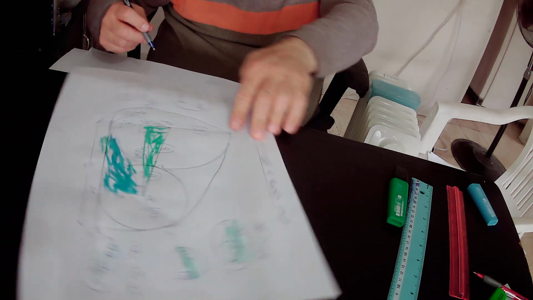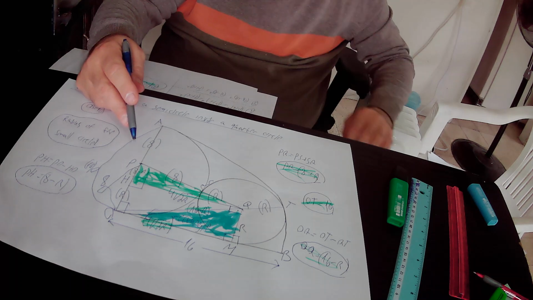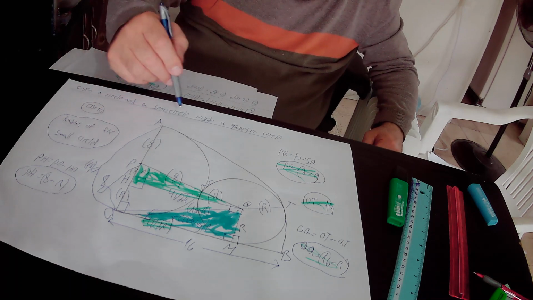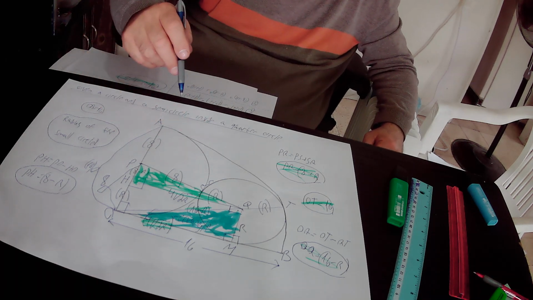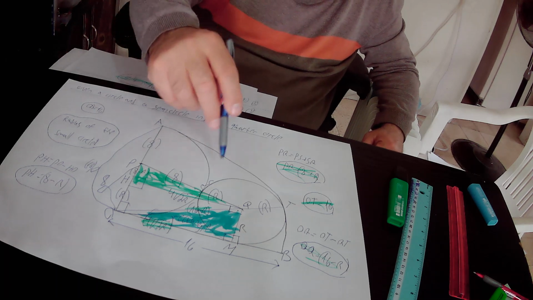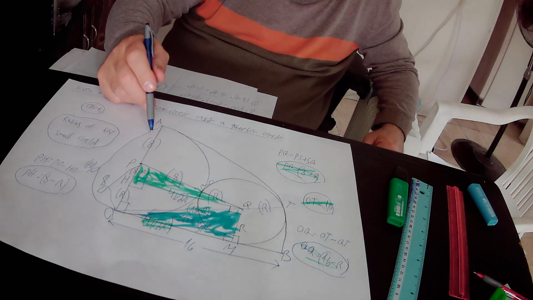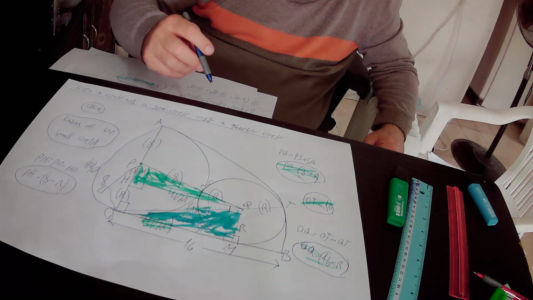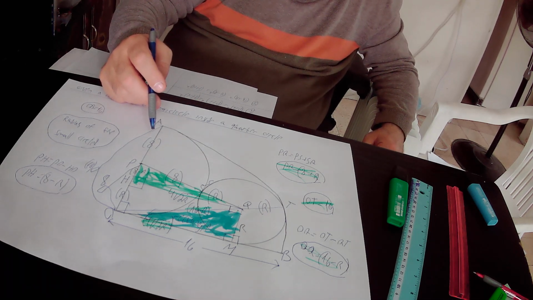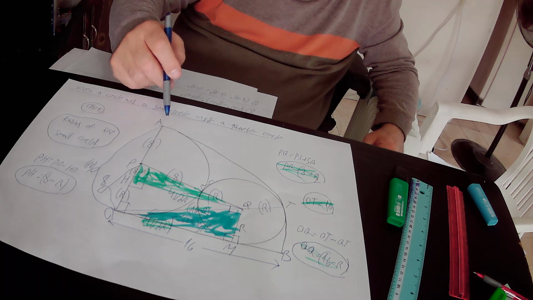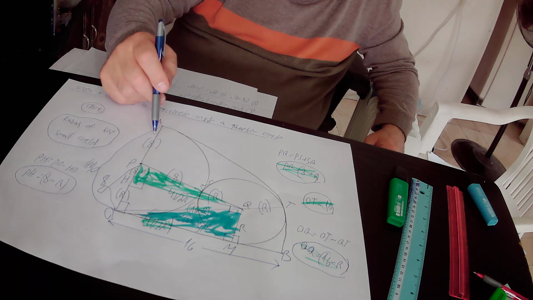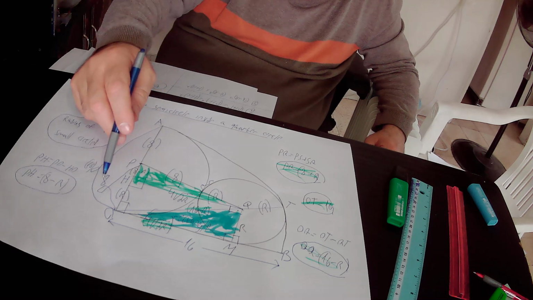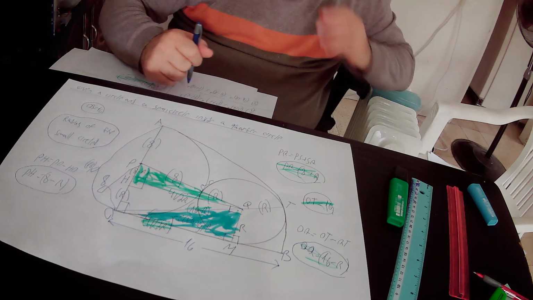But the radius AO of the quarter circle is also the diameter of this semicircle. So the diameter of this semicircle equals 16 units, and therefore the radius must be half of it, 16 over 2, that is 8. So the radius AP of this semicircle equals 8 units in length, and the radius PO also equals 8 units. Okay.